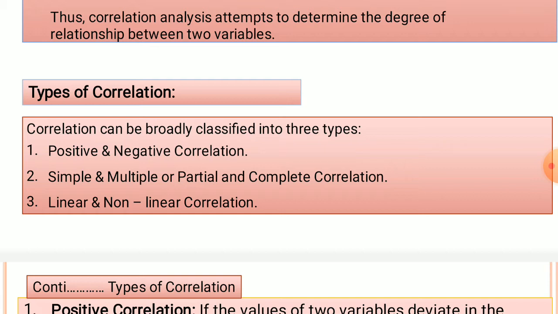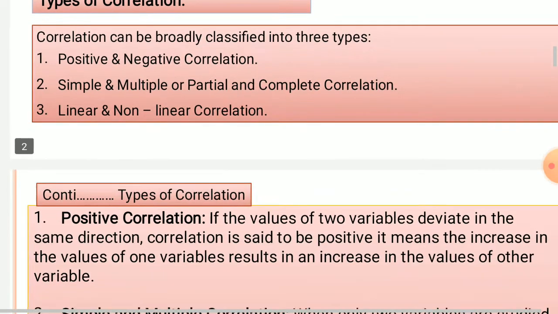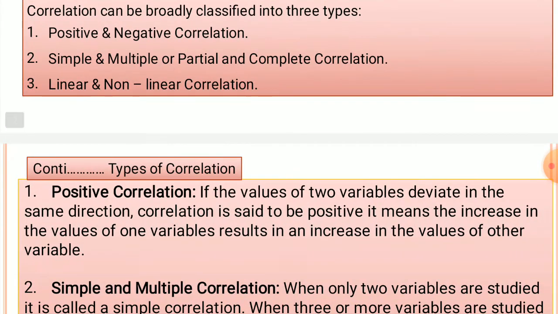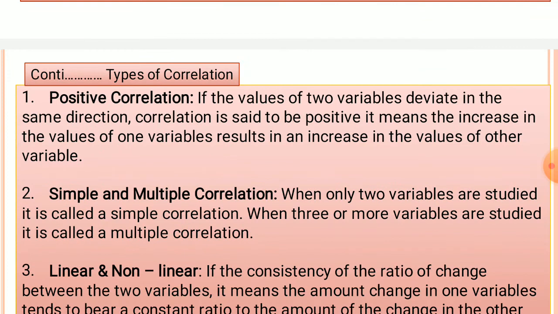Correlation can be broadly classified into three types. One is positive and negative correlation, simple and multiple or partial and complete correlation, linear and non-linear correlation. So let us know the meaning of these types of correlation. The first is positive correlation.